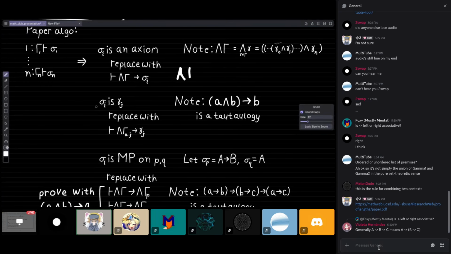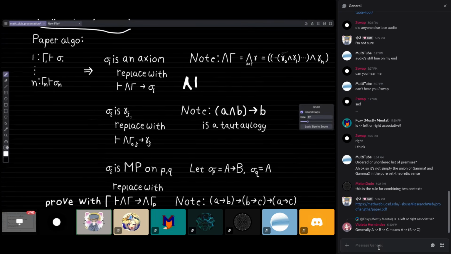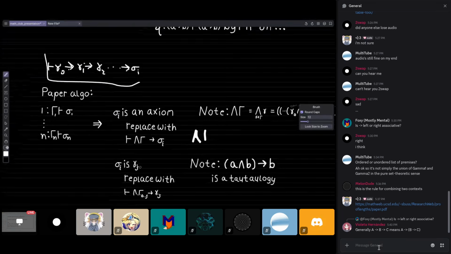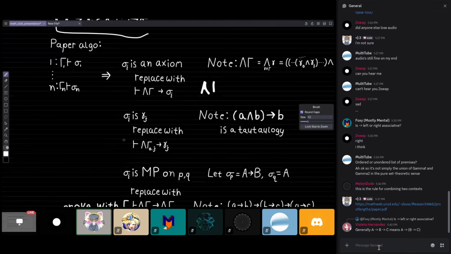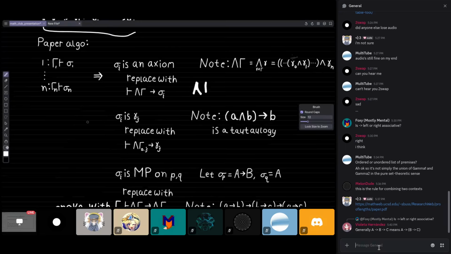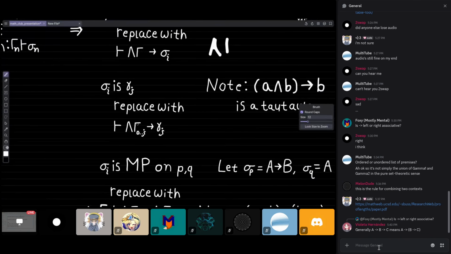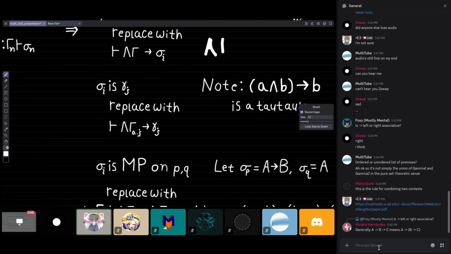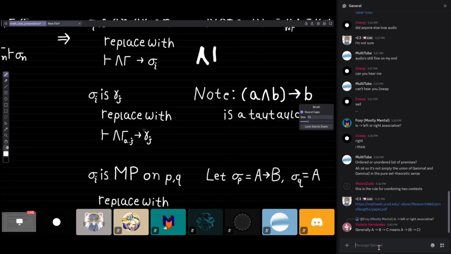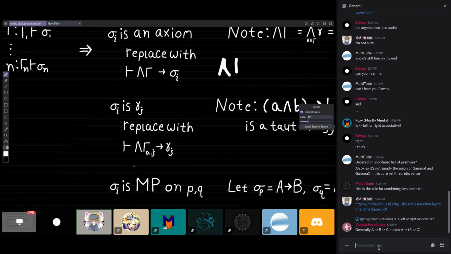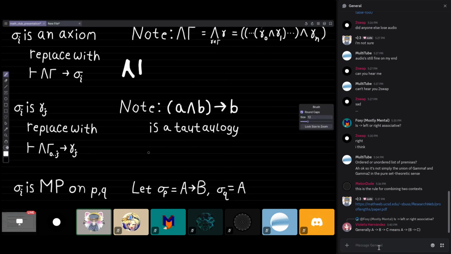If sigma I is a hypothesis, then the paper would have you replace that line with the conjunction of gamma from 0 to j implies gamma j. And how do we prove this statement? Well, it's another tautology.